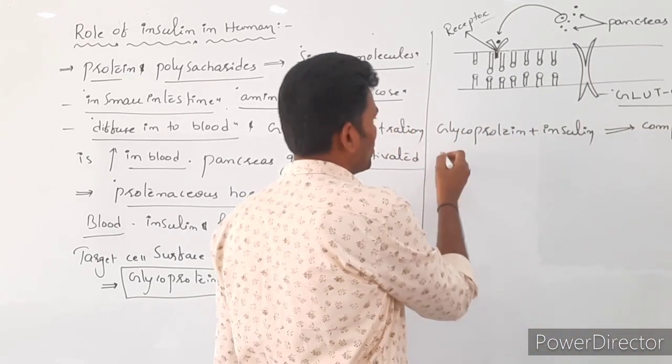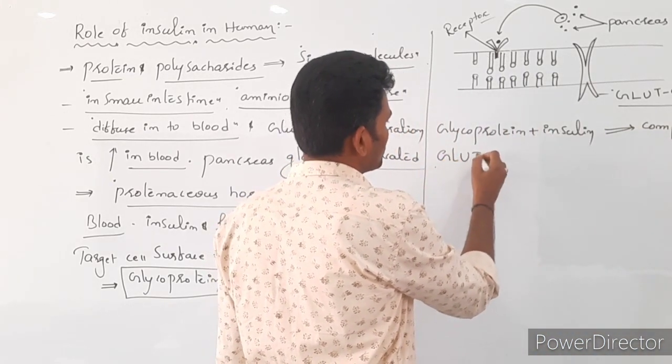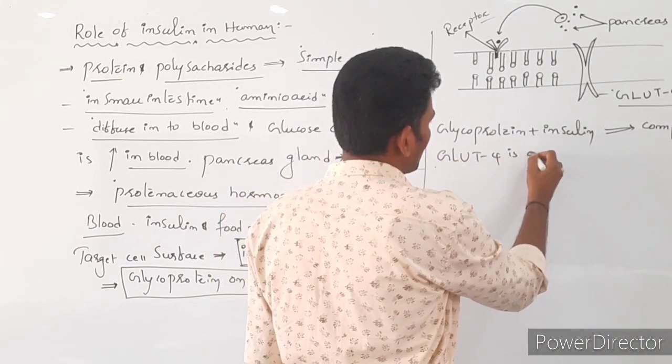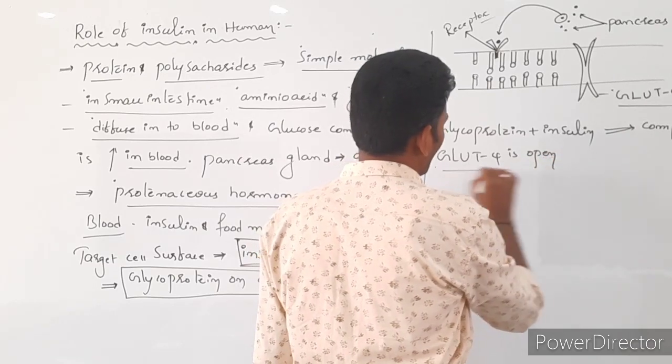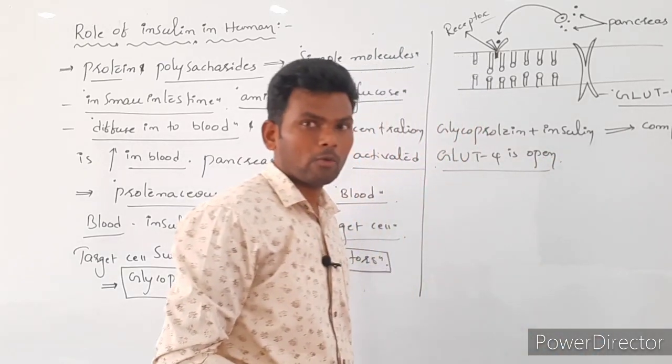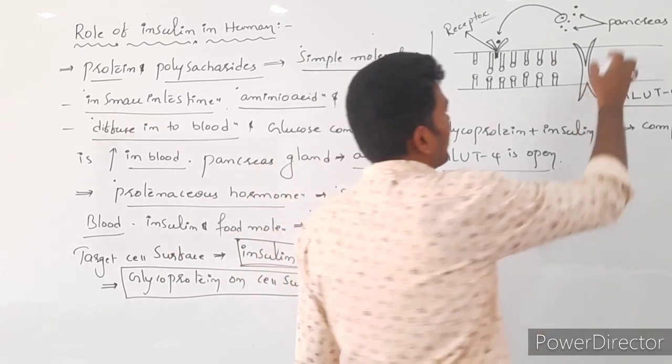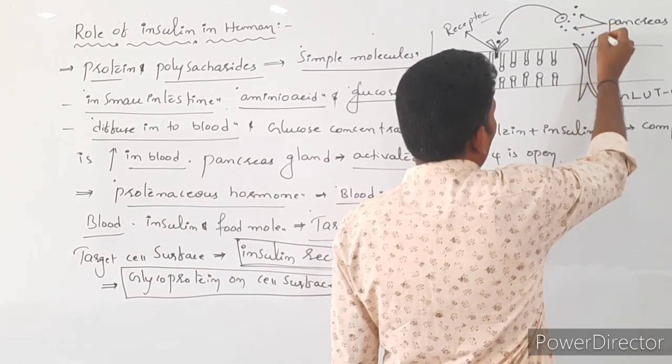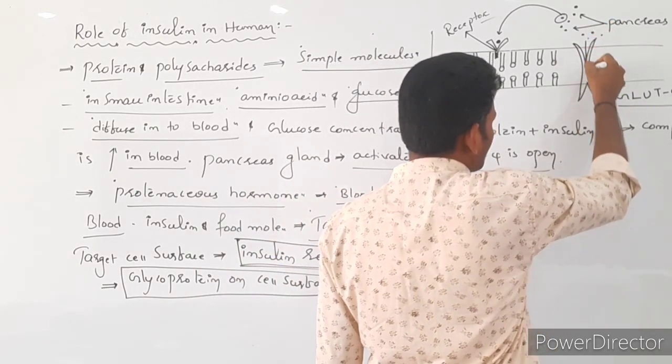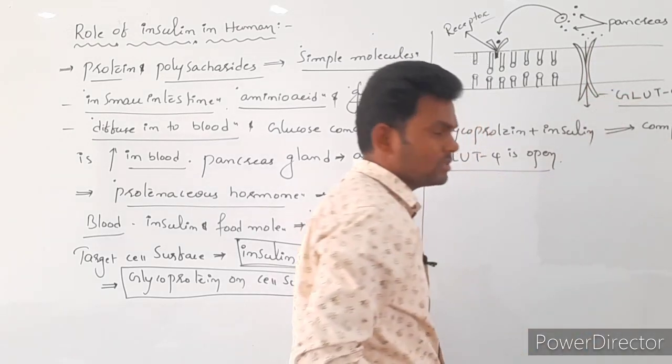Now what happened? Glucose transporter 4 is open. Now the excess amount of glucose molecules can easily diffuse through this channel.